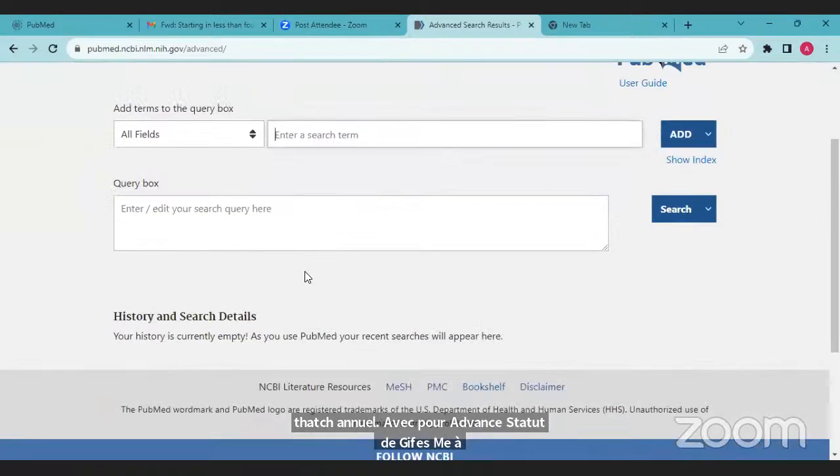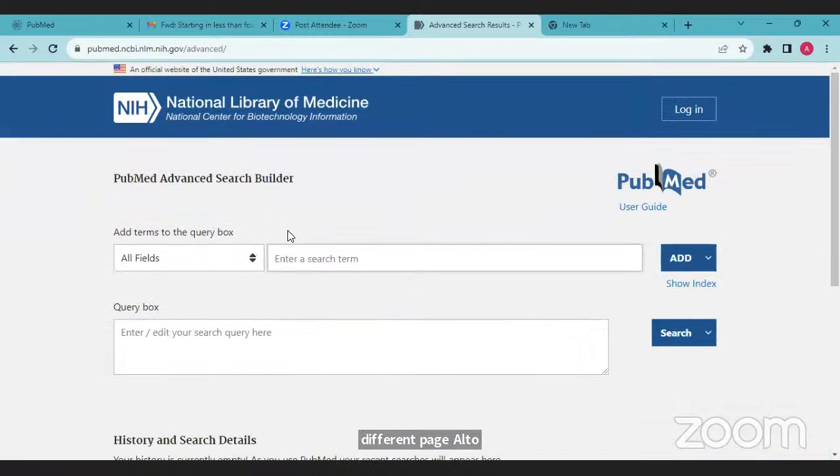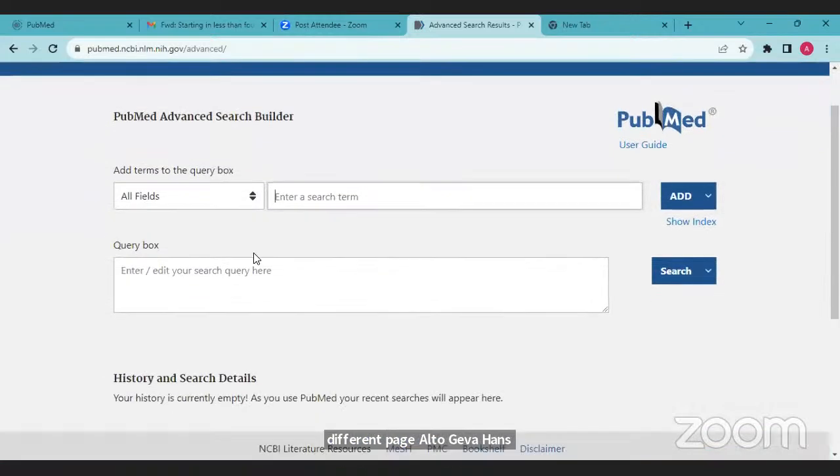In this page, if you click on, you are seeing that the default is all fields. If I do not specify that I want to search for this word in the titles of the studies that I retrieve, then I leave it open. All fields means the database is going to search the title, the abstract, the body of the work, the references, the appendices.